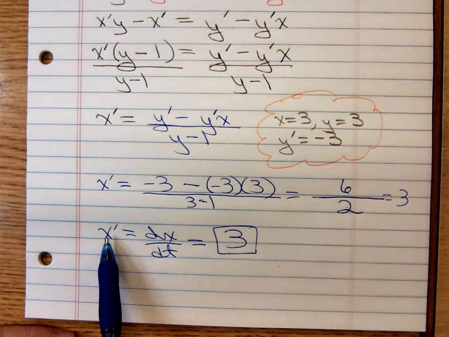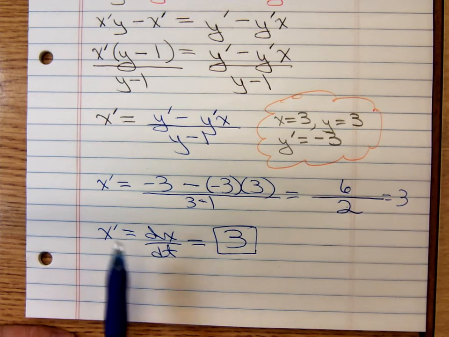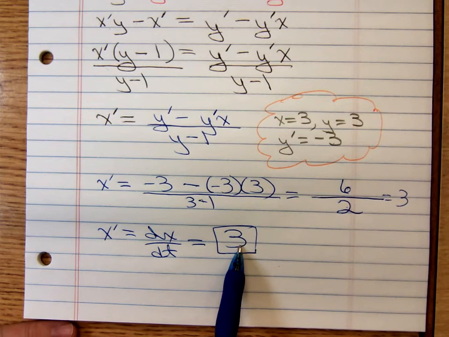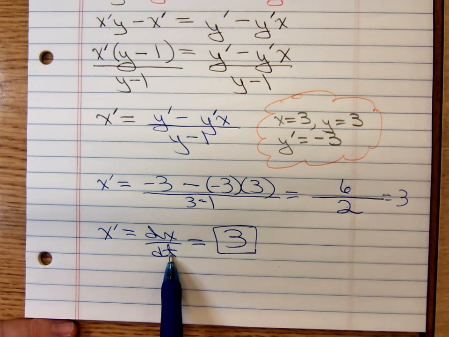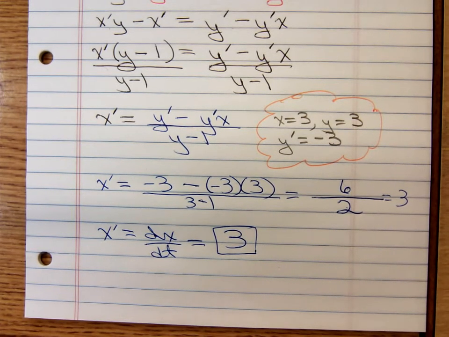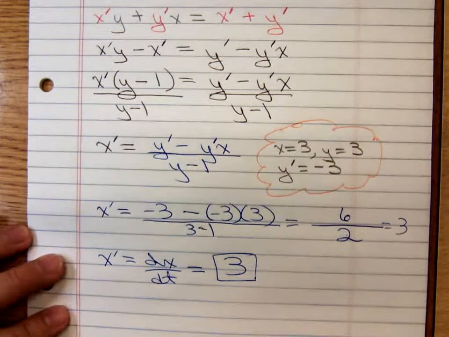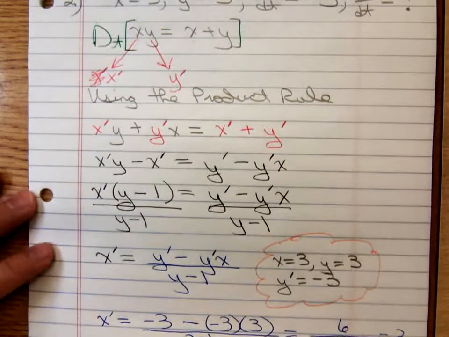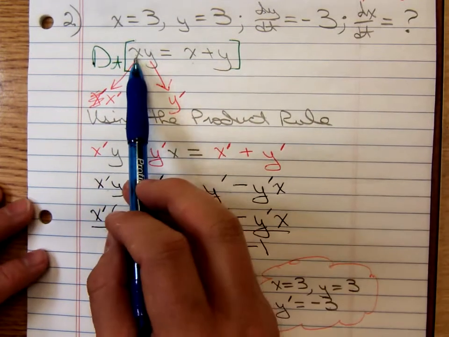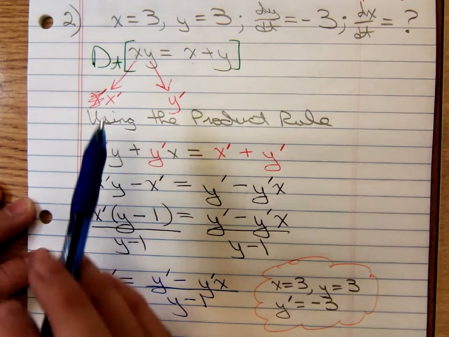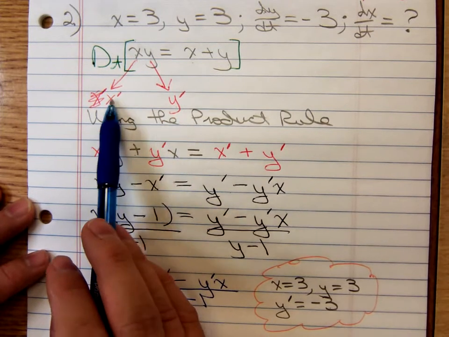So, whatever x is representing, at this point in time, it's increasing at a rate of 3 units per time unit, whatever the time is being measured in, minutes, seconds, years, what have you. And there it is. We started off, we used the product rule to differentiate x times y, but since we were differentiating with respect to time, we had to use x prime and y prime.